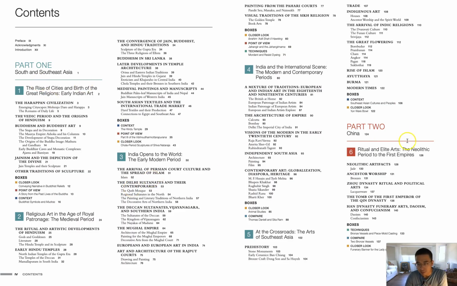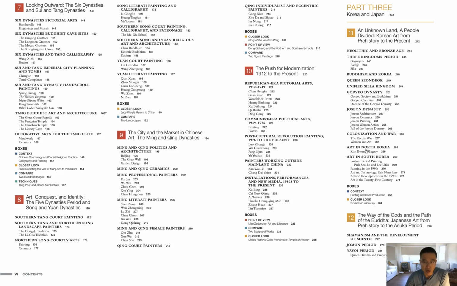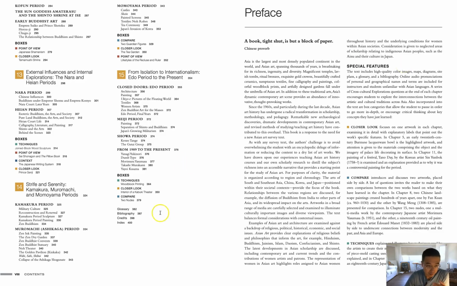And then part 2, we talk about China, in the main part of the Eurasia continent, again from the very early time to later modernization and contemporary time. And then part 3 talks about Korea and Japan, which is East Asia, another main part of what we call Asian history. So it's separated into different parts, and then each is discussed from early time to later time.